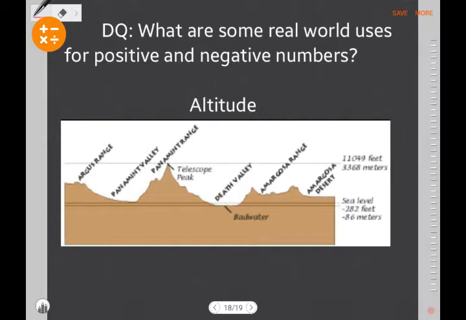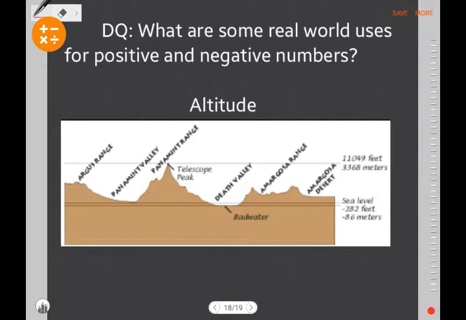Okay, this lesson deals with positive and negative numbers being used in the real world. So this first example about altitude or elevation is dealing with the fact that we record sea level as an elevation or an altitude of 0.